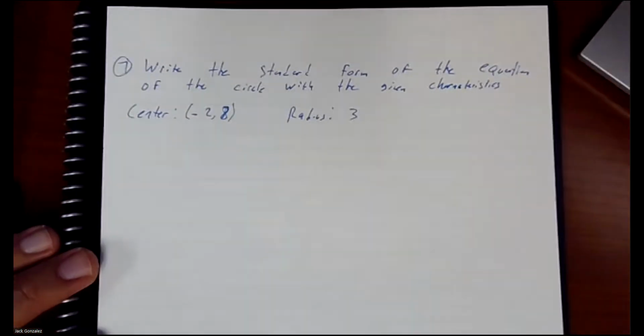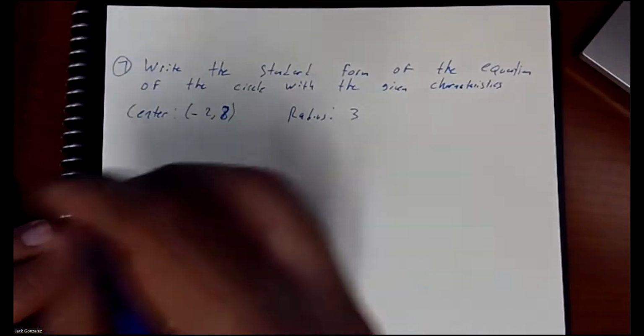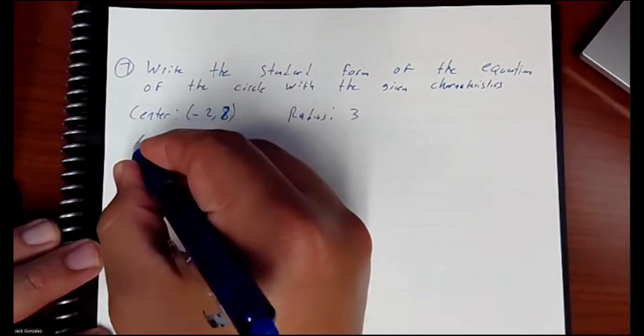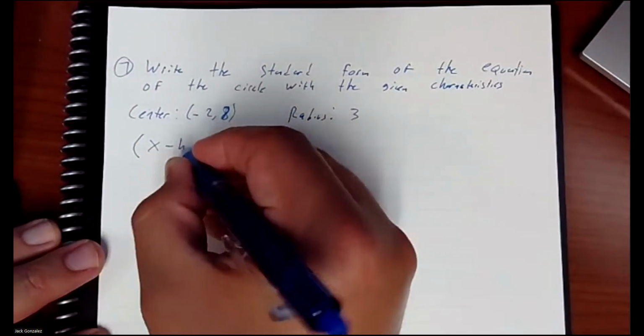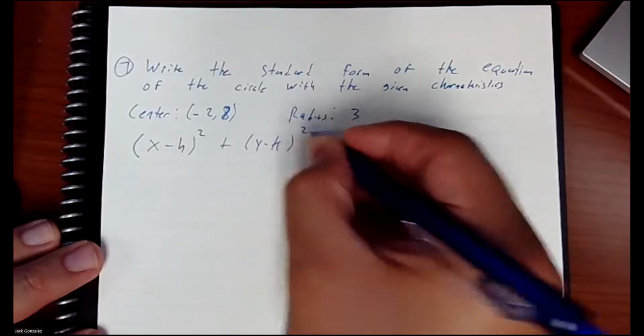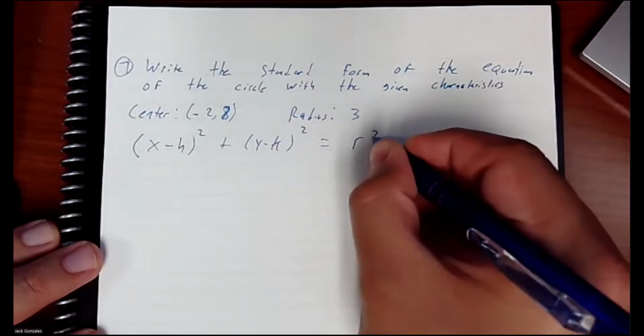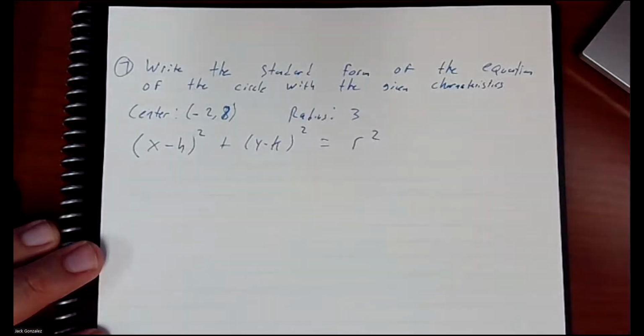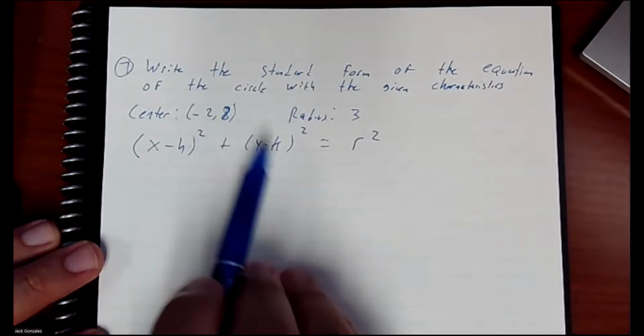Okay. So we need the equation of a circle. The standard form of a circle is x minus h squared plus y minus k squared equal to your radius squared. So they gave us the center. Remember how you got to swap the signs here?